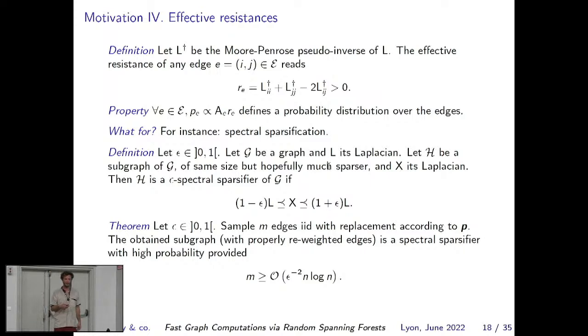What this tells us is that those effective resistances are very important because if I have access to them, and if I sample according to these effective resistances, I obtain a spectral sparsifier very fast, in n log n edges.